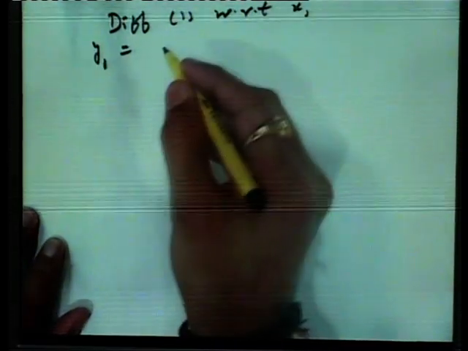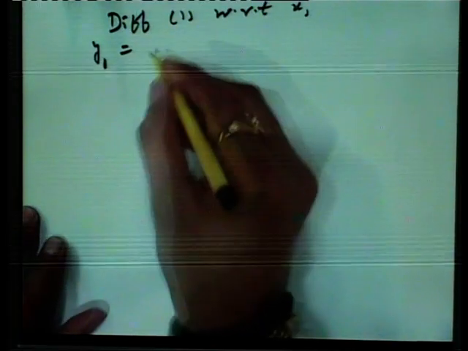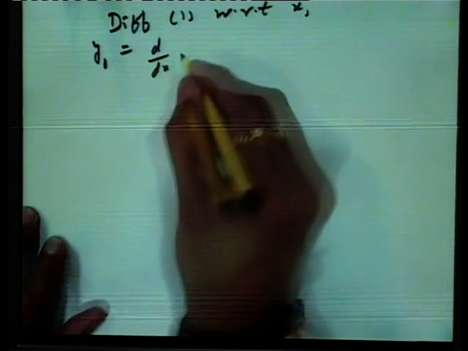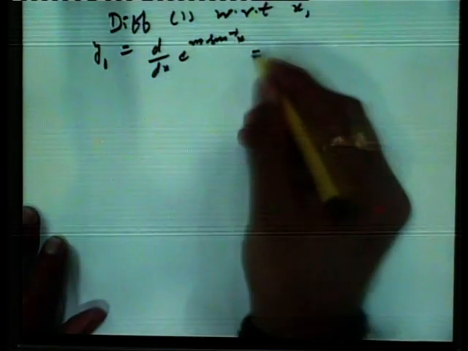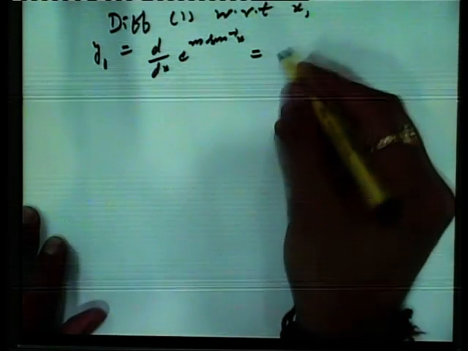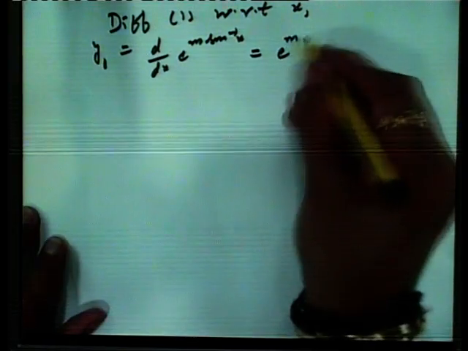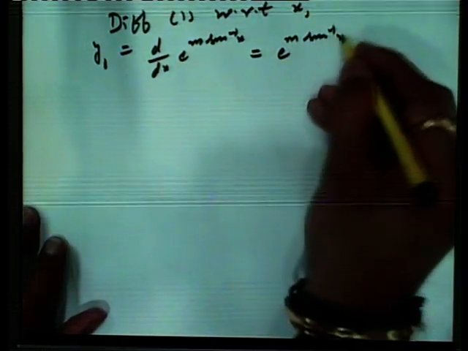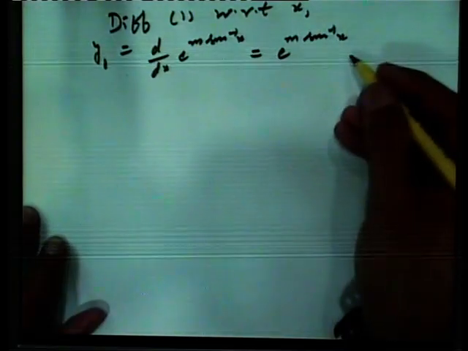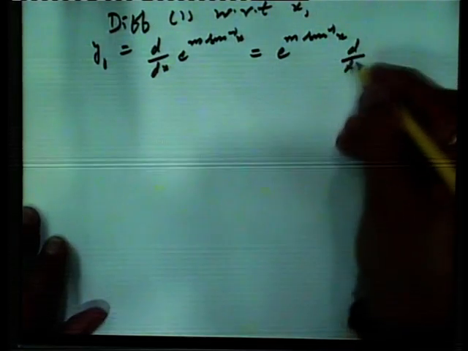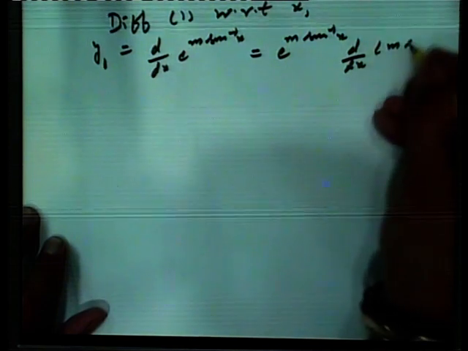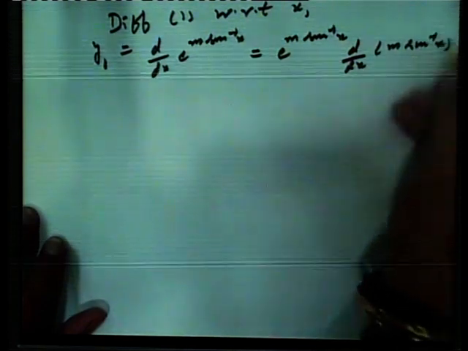y1 is equal to d dx of e power m sin inverse x. The differentiation of e power x is e power x, so it is e power m sin inverse x into d dx of m sin inverse x.